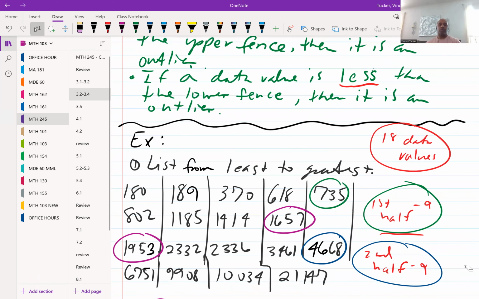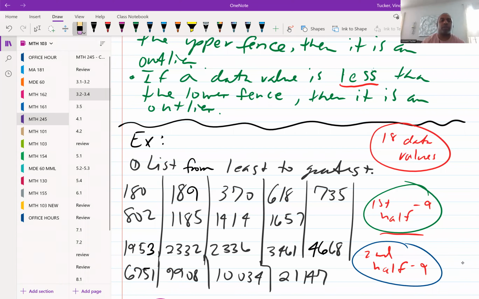Okay, so we have our data set right here. I'm going to erase some of these circles just to make sure it's clear on what's what. We listed the data set from least to greatest. I went ahead and listed it for board purposes, no purpose in writing down numbers multiple times, just write it down one time.